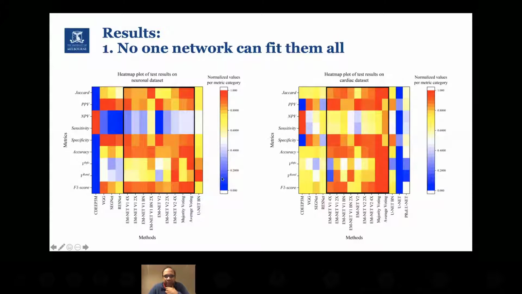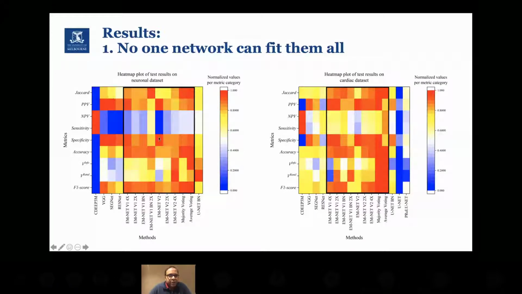Here's an output of a heat map that you will get from using our EM Stellar Google Colab. What you see on the bottom are all the different algorithms that we've implemented in the platform, and the vertical y-axis represents all the different error metrics that we've calculated for each of the data sets.